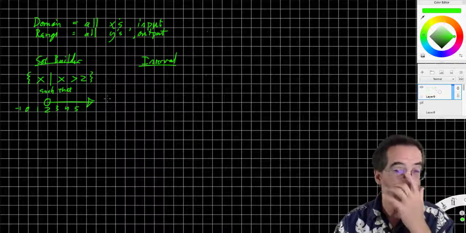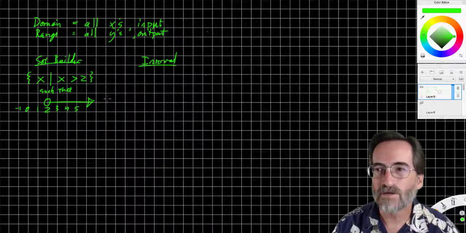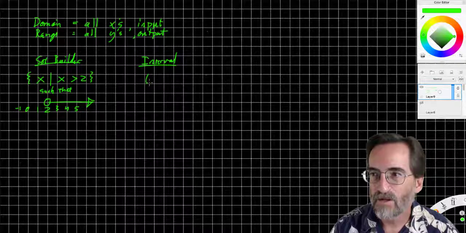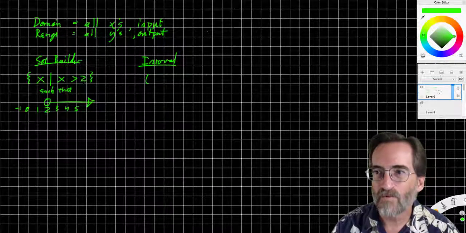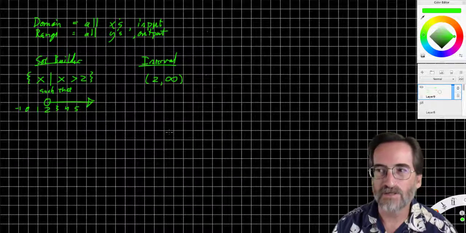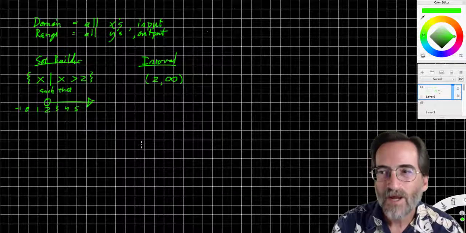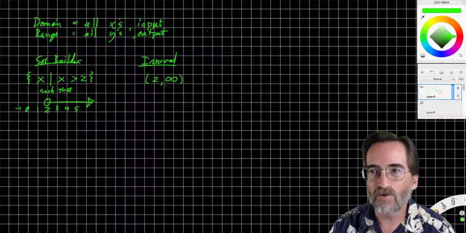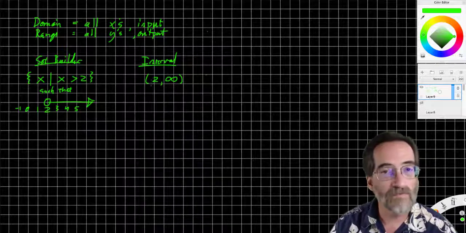That's set builder notation. We introduce another type of notation, that's interval notation. We would write this in interval notation as parentheses 2, comma, infinity, close parentheses. That represents the same thing, the set of all numbers greater than 2, not equivalent to 2.